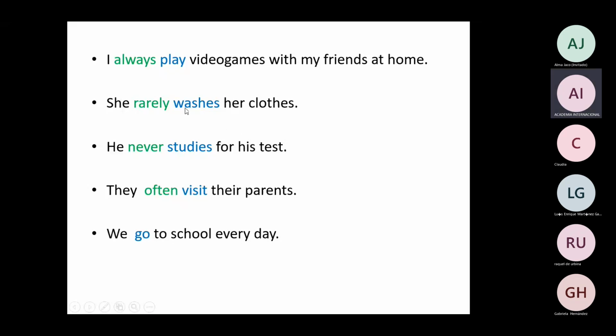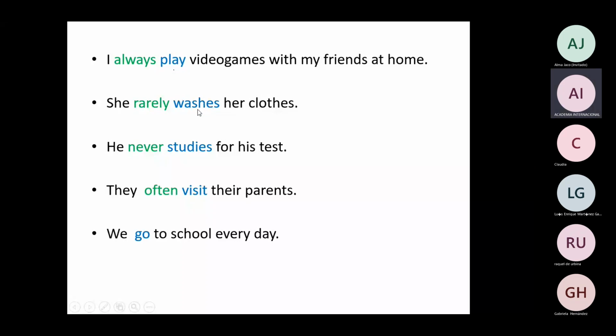El verbo solo es wash, wash. Pero en tercera persona, como estoy hablando de she, le tengo que agregar es. A algunos no solo se les agrega s, sino es. A otros se les eliminan algunas letras, pero vamos a ver eso.